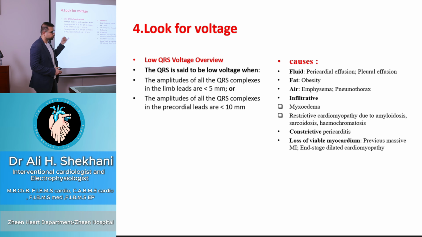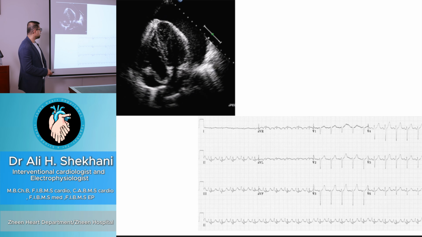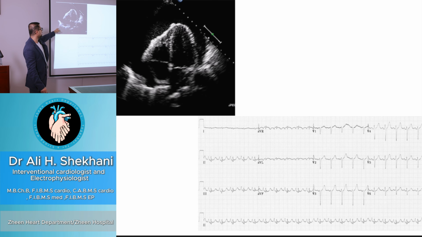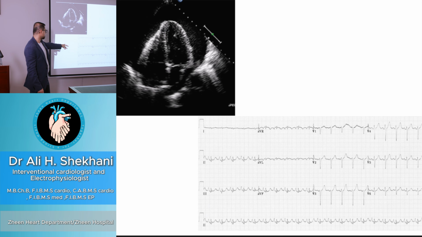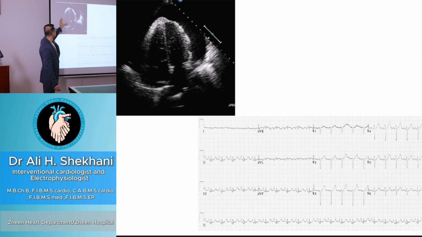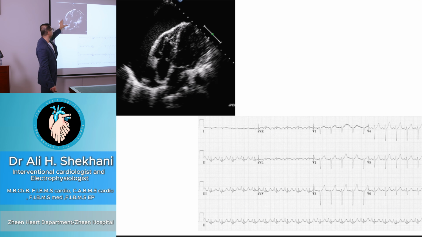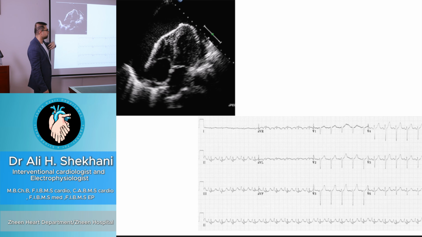This barrier could be fluid, could be fat, could be air, or anything. This ECG was taken from a patient with massive pericardial effusion, and as you know, there is low voltage, as there is a large amount of fluid between the heart and the ECG electrode.